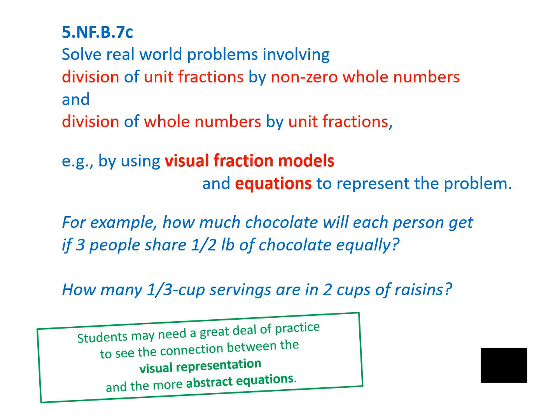The first example given is how much chocolate will each person get if 3 people share 1/2 pound of chocolate equally. And the second example asks how many 1/3 cup servings are in 2 cups of raisins.